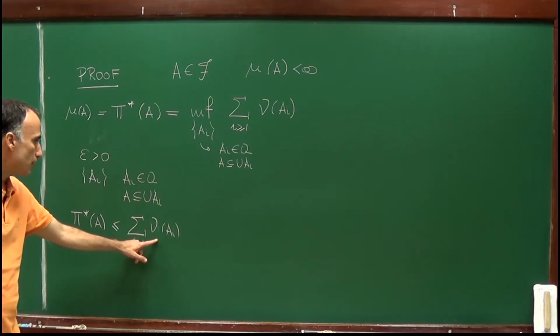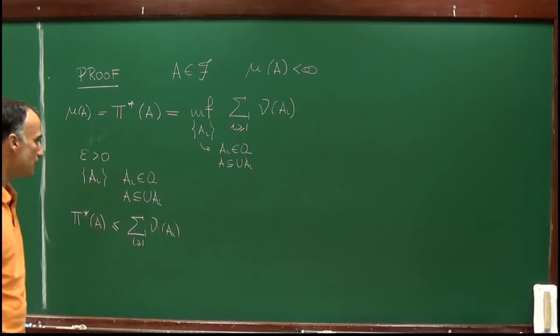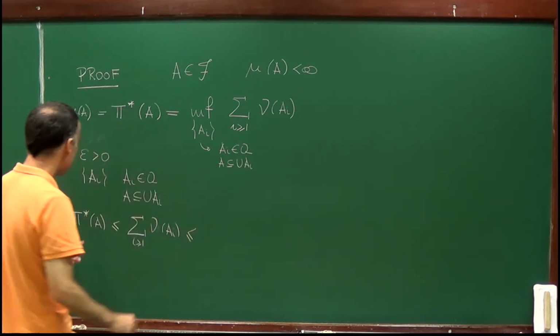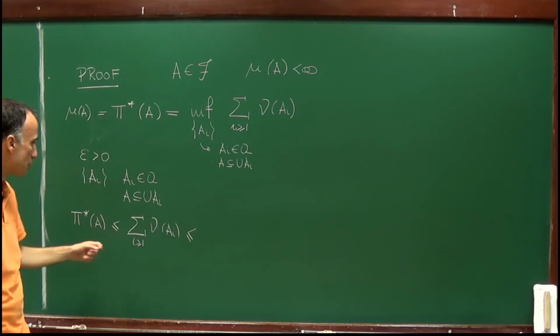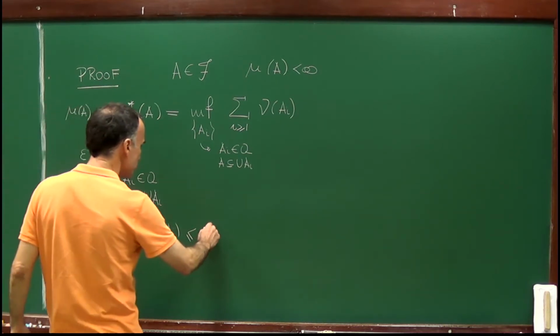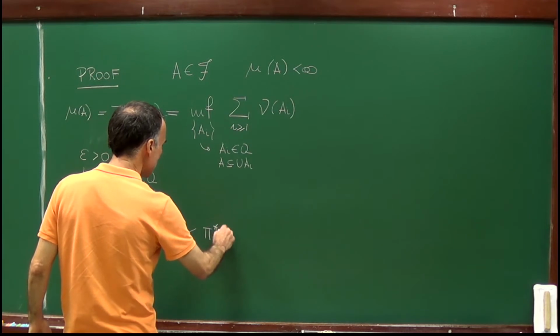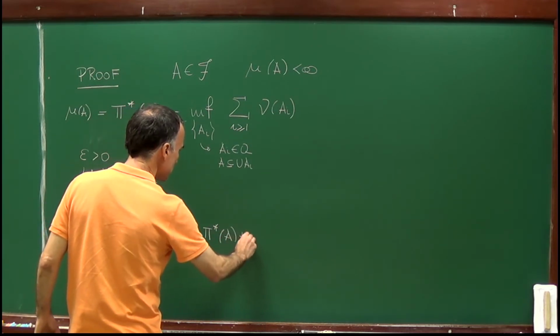P star is smaller than the sum of nu of A_i because P star is given by the infimum, but since P star of A, which is mu of A, is finite, we can find one which almost reaches this infimum, so that this is smaller than P star of A plus epsilon.